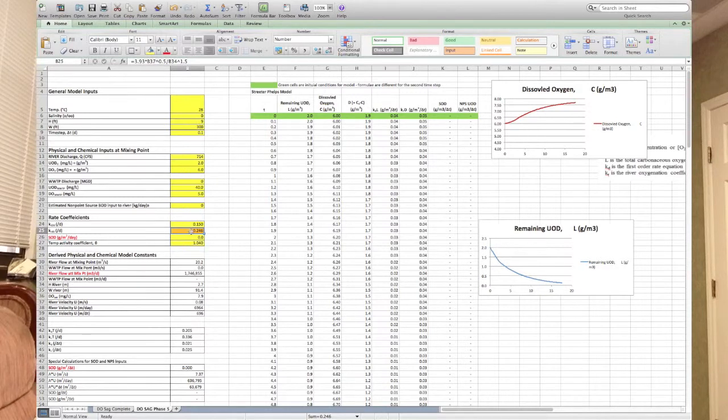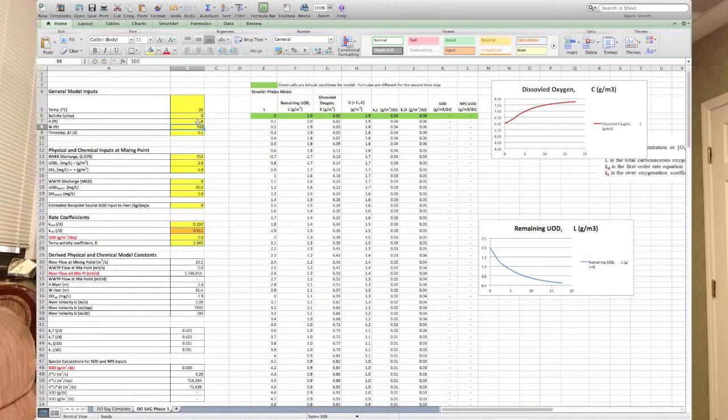Watch my KR. If I increase my depth from 9 to 10, you'll see my reaeration coefficient reduces substantially. If I decrease my depth from 10 to 8, you can see my reaeration coefficient will go up substantially.